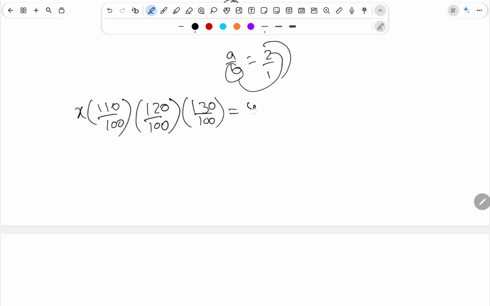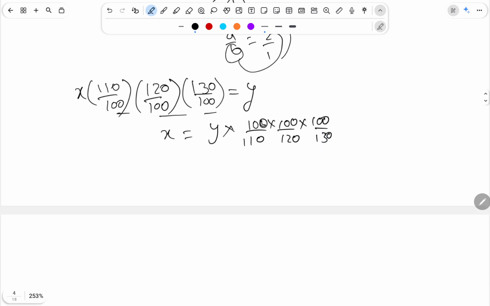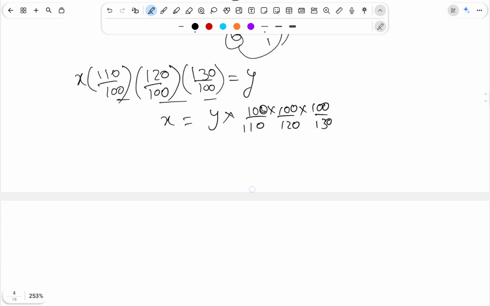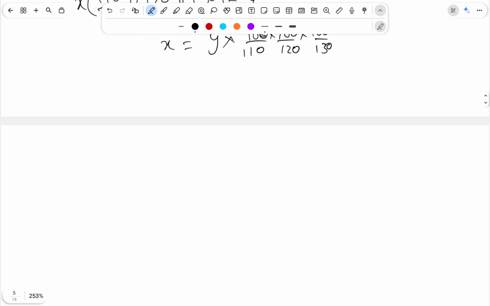Finally it is equal to a value y. Now the initial value x is equal to y into 100 divided by 110, 120, 130. This is how the question goes. Okay, so with this basics, we try to solve the questions.